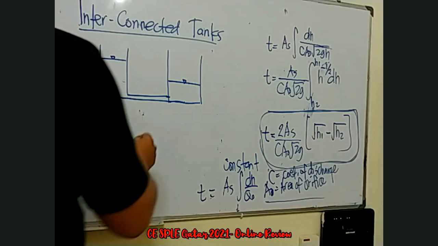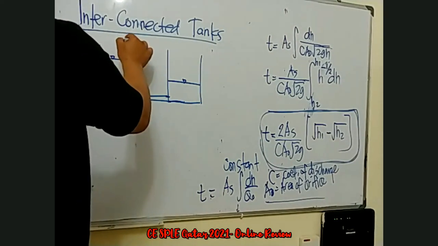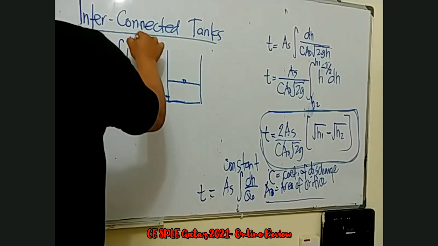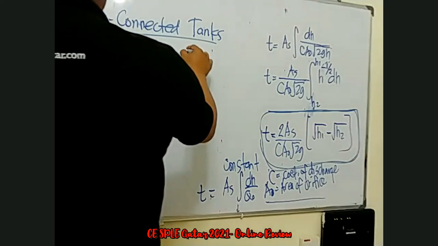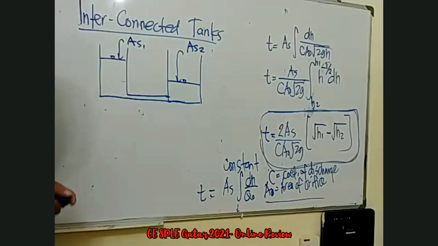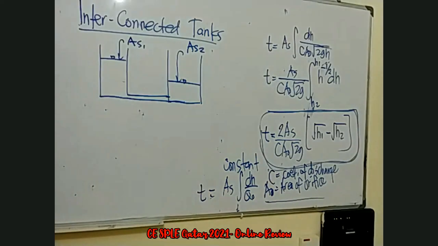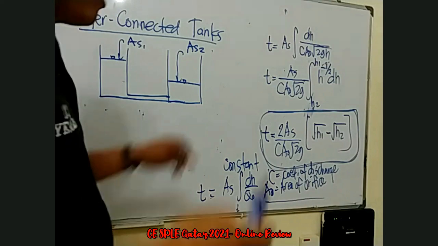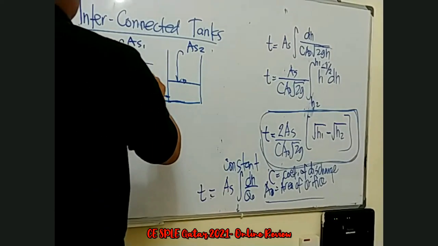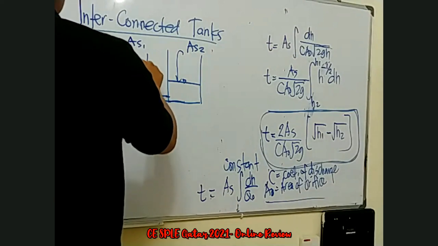Right? So, ito is interconnected tank. Let us say ito is surface area 1, AS1. And ito naman is merong surface area AS2. Okay? So, ganito lang mag-memorize. Of course, ito yung edge.